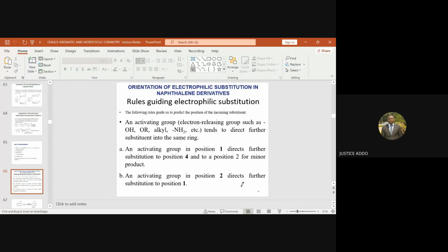It will not direct it to the other ring. So an activating group in position 1 will direct an incoming group to position 4 as well as position 2. Now, when the incoming group goes to position 4, that gives you the major product. And when it goes to position 2, you have the minor product.